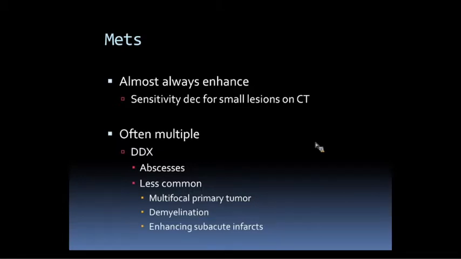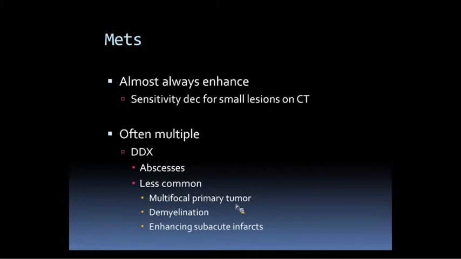They're often multiple, although a single solitary MET is also not uncommon, and is in the differential for a single intraaxial lesion as well. But you have to consider multiple abscesses, and less commonly, as we mentioned, multifocal primary tumor.